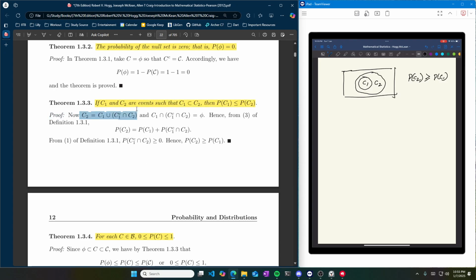The proof is also very similar. So what it is saying is C2 is essentially C2 intersection C1 complement, right?